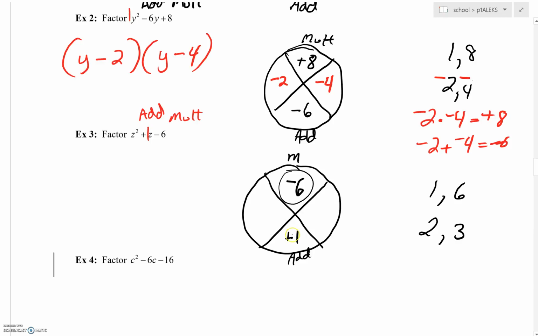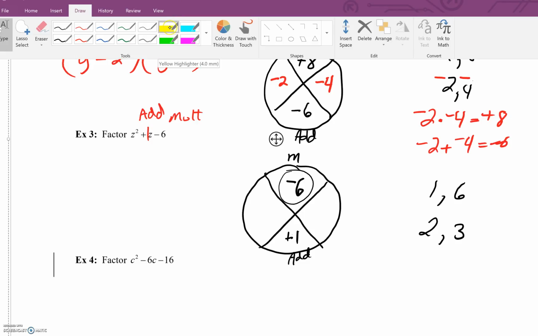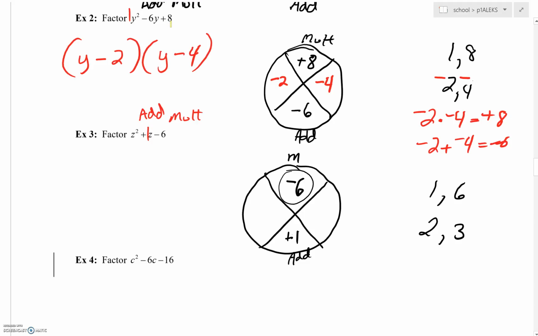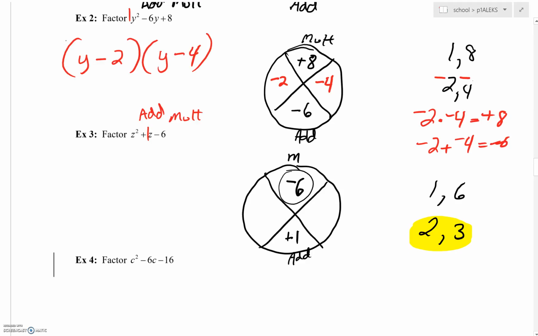And I'm adding to something positive. So what do you think's more likely, the 1 and the 6 or the 2 and the 3? What do you think? Probably the 2 and the 3. They're closer together, right? That's a huge hint. They're only one step apart, and that really helps you out. But you'd say, wait a minute, one of these numbers has to be a negative, the other has to be a positive.